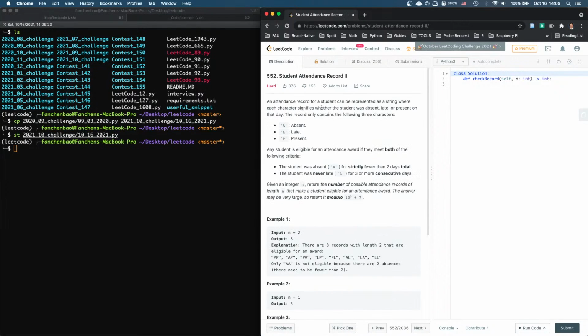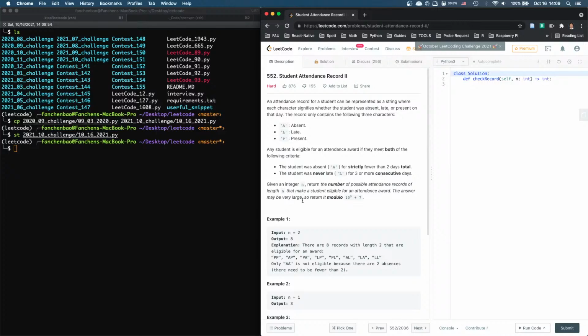An attendance record for a student can be represented as a string where each character signifies whether the student was absent, late, or present on that day. The record only contains the following 3 characters. Any student is eligible for an attendance award if they meet both of the following criteria: was absent, A, for strictly fewer than 2 days total, and was never late for 3 or more consecutive days.